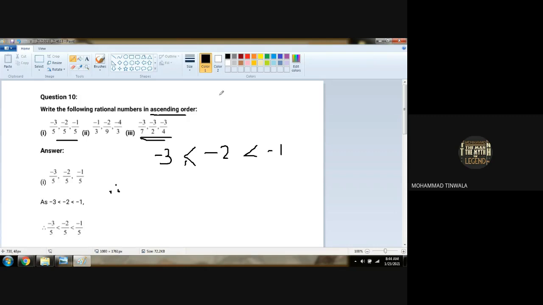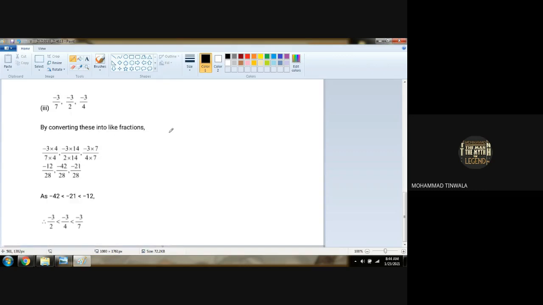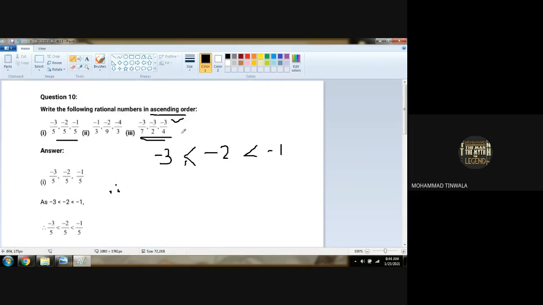When the denominator is different and the numerators are the same, we have to see which one is the greatest fraction. Take 3 upon 7, 3 upon 2 and 3 upon 4.